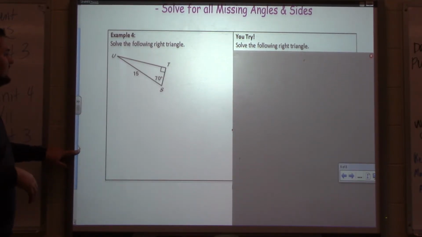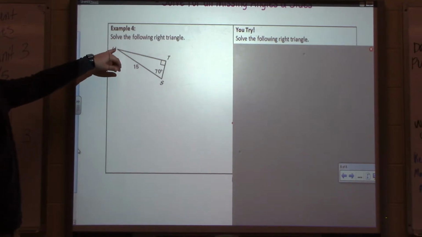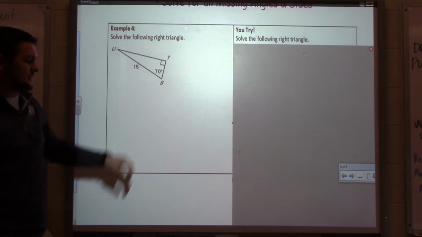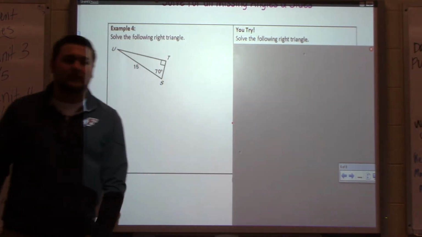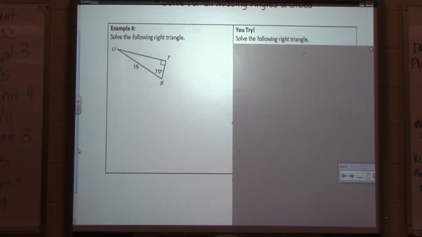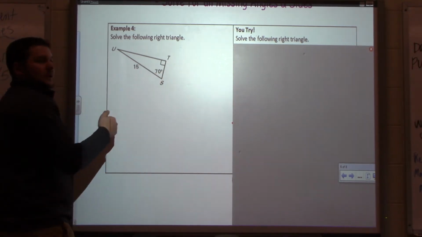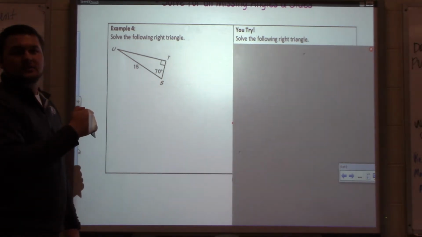So first things first, I need to solve for angle U, side UT, and side TS. What should I probably do first? What's the easiest one to do? The angle, right? Because I have 2 angles already. And what do all the angles of a triangle add to? 180.